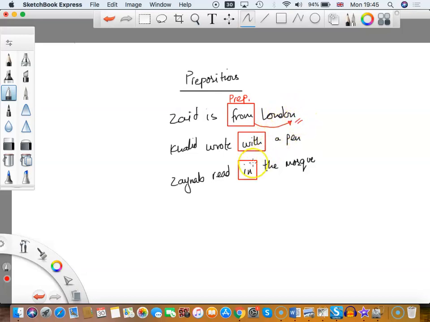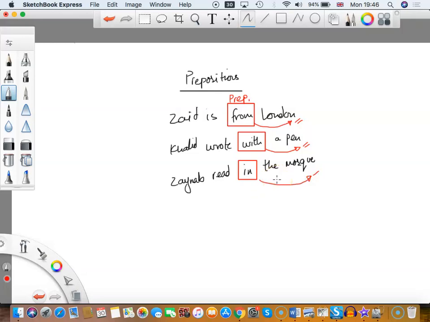Two. Okay, the next one, Khalid wrote with a pen. So the word after with, it has no the, so therefore we're going to give it 2 kasras. And the word in the sentence, Zainab read in the mosque, how many kasras are we going to give it? 1. So that's basically today's rule.